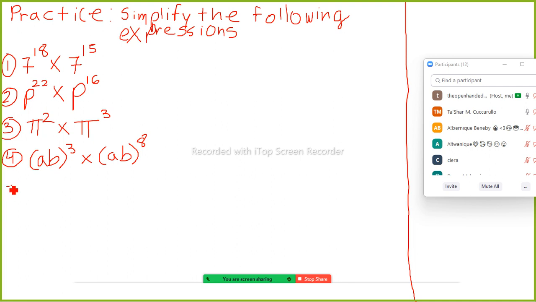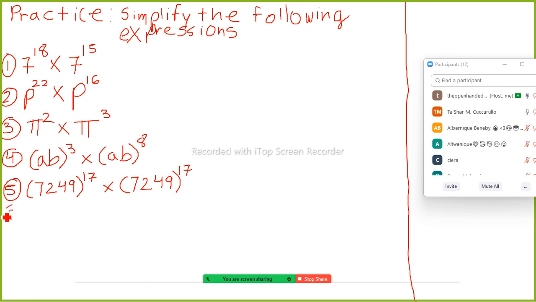And let's say we have 7,249, and let's raise that to the power of 17, and let's say we multiply that by 7,249, and we want to raise that to the power of 17 as well.